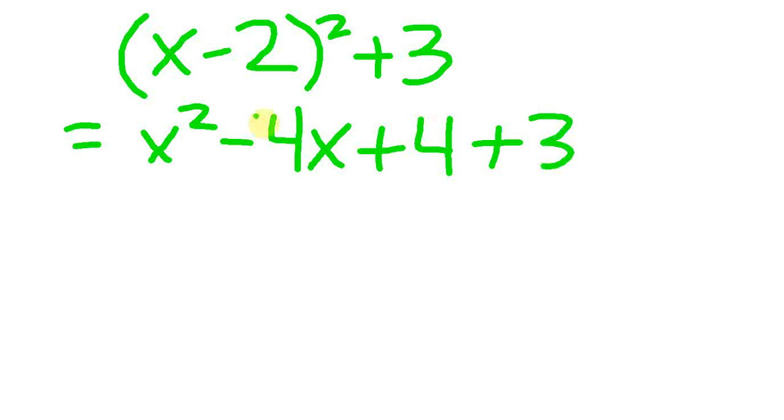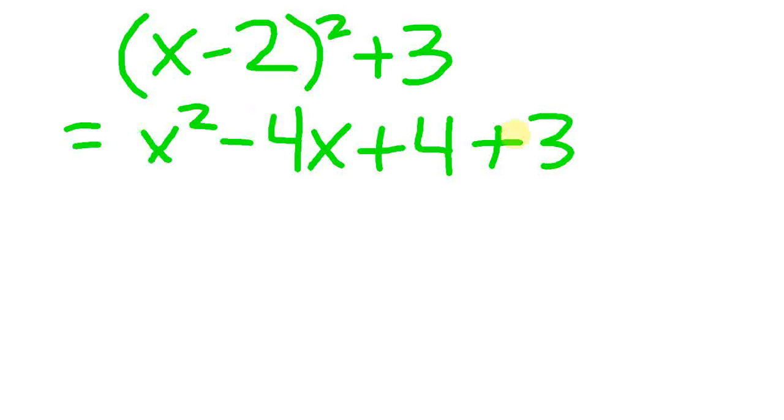So you'll see that in (x - 2)², you get the b term, this middle term, by multiplying negative 2 times x and then multiplying by 2 again to get negative 4. And this 4 comes from negative 2 squared.